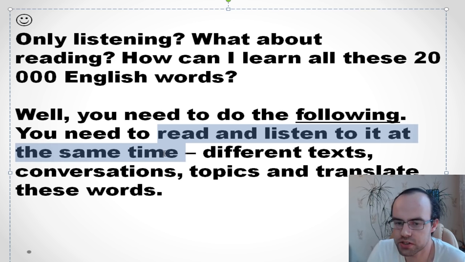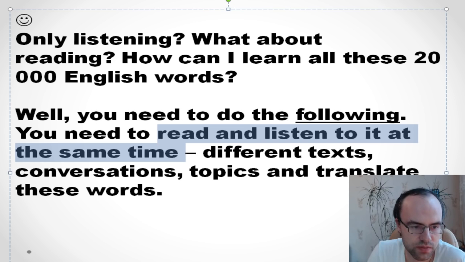Don't read only books without MP3 files or audio files. Just read and listen at the same time, different texts, conversations, topics, and translate these words. Very important to translate these words, especially if you read not adapted texts for English learners but the originals.